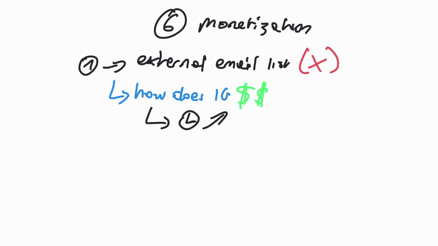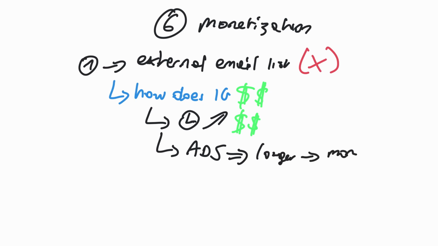You're like, wait, I'm not paying for Instagram, how do they make money? Well, there are ads on Instagram, and the longer you are there, the more ads you see, even if you don't click on them. It doesn't matter. Some people are paying just because the ad was displayed.